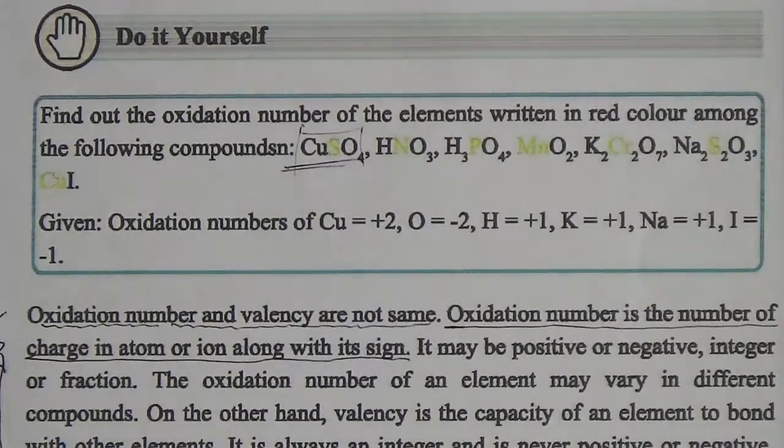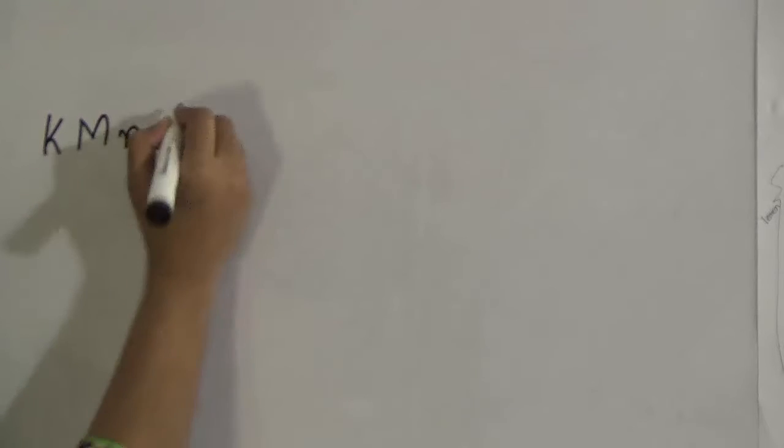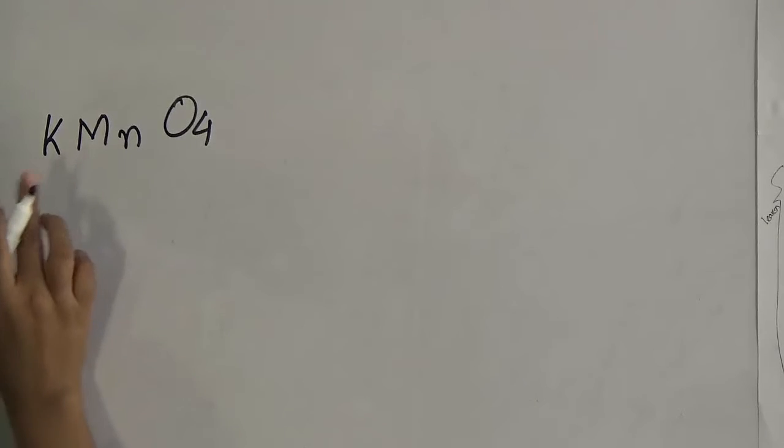So come to the first one, potassium permanganate. For finding this, we must know the first and last elements' oxidation numbers.